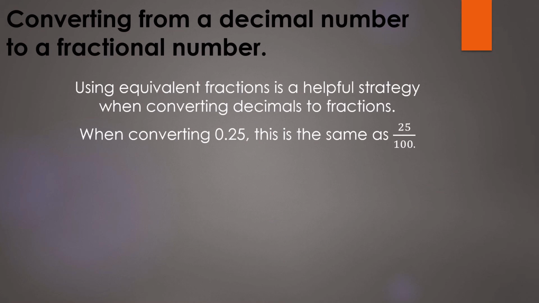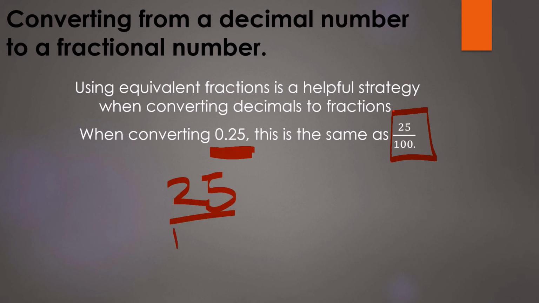Now we're going to convert from a decimal to a fractional number. Using equivalent fractions is a helpful strategy when converting decimals to fractions. So when we have 25 hundredths, we know it's the same as 25 over 100. We're going to take that fraction, which we know is equivalent to the decimal 25 hundredths, and we're going to simplify it.